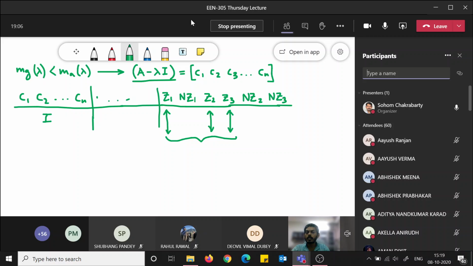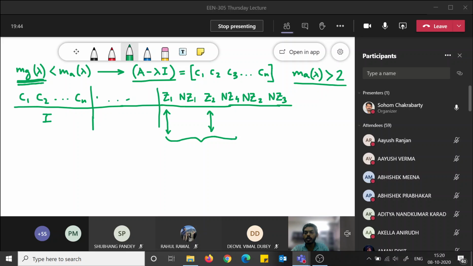So let us take 2. Suppose there are only 2 zero-column vectors here, and your ma lambda is greater than 2 obviously, because this number 2 is the mg lambda, the geometric multiplicity.